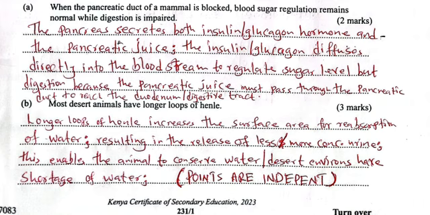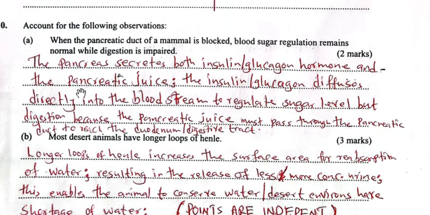Question 10. Account for the following observations. When the pancreatic duct of a mammal is blocked, blood sugar level regulation remains normal while digestion is impaired. And in this case, the pancreas secretes both insulin and glucagon hormones and the pancreatic juice.